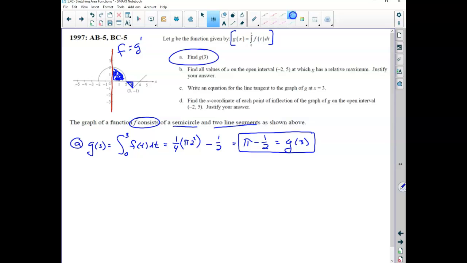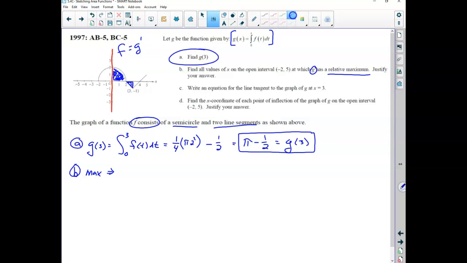Find all values of x on the open interval -2 to 5 at which g has a relative maximum. Justify your answer. Again, B, if I have a maximum, that implies, okay, g, because they're talking about g, remember, ooh, that's g.